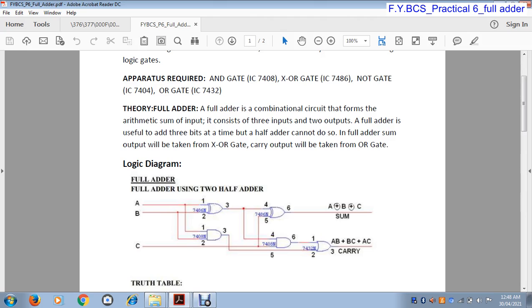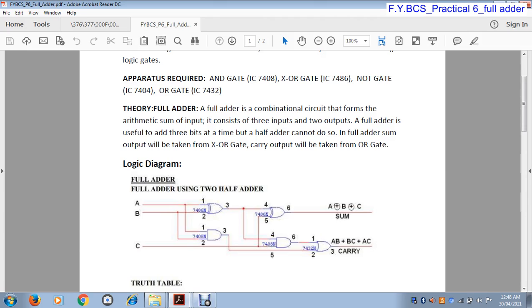We saw the half adder in previous practicals. We know that a half adder adds only 2-bit numbers. This is the disadvantage of a half adder, because it cannot add the full number.